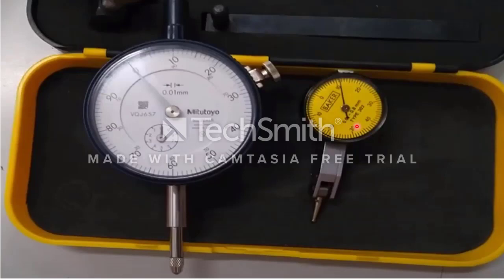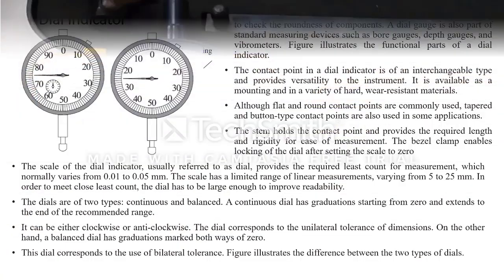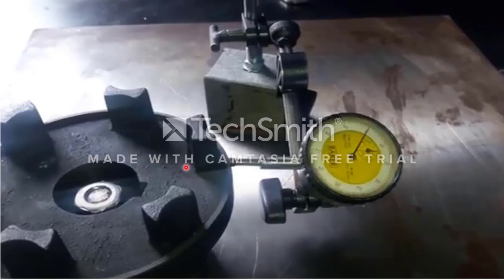The application of this dial gauge is generally checking the concentricity of circles, like measuring the curvature. You connect the dial gauge here and set it to 0, making it a masterpiece.